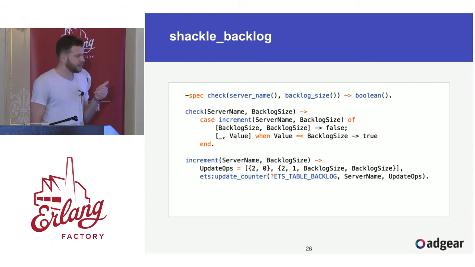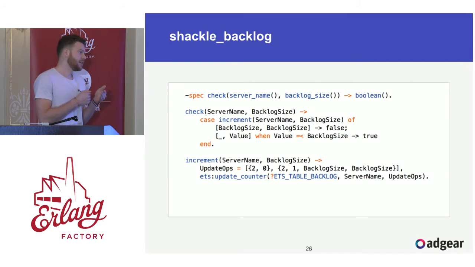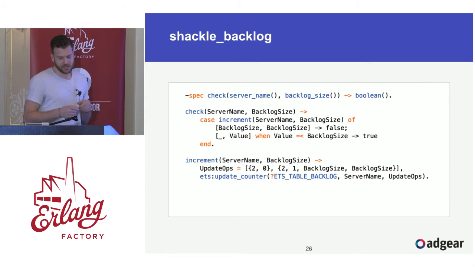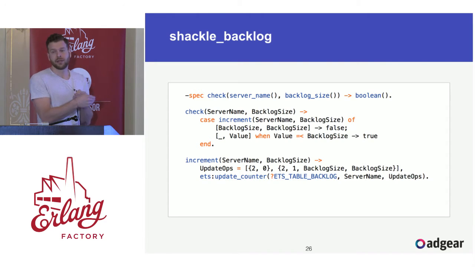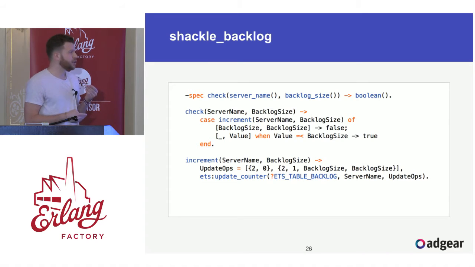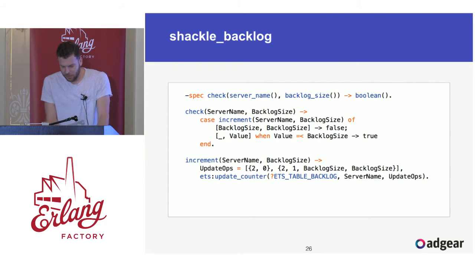But we limit the max value to the backlog size, and when we reach that value, we set it to the backlog size. So when we do the increment, if both values are the same, it means that we weren't able to increment and that we reached the backlog limit. If the two values are different, then we were able to increment, and we can send a message to our server.